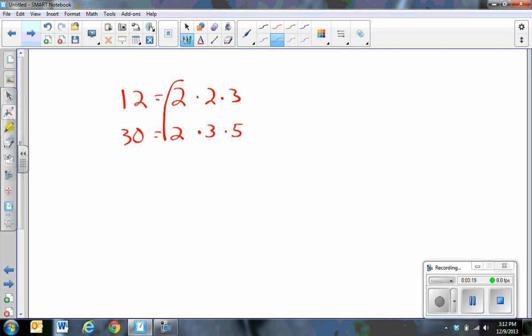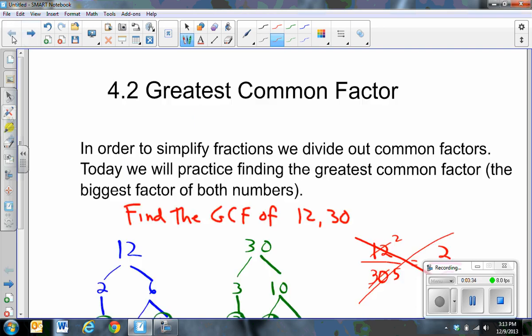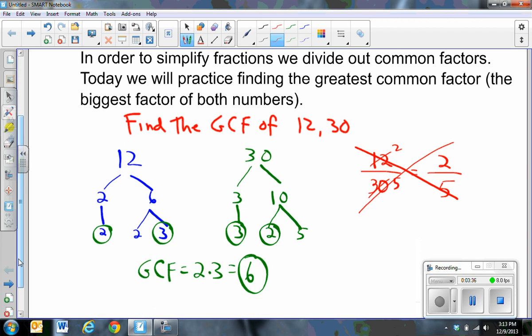And then we can circle these and circle these. So if you're sort of comfortable with that shortcut, then go ahead and use it. But if you're more comfortable making the factor tree, when you get down to the end of your factor tree, you just circle the common factors and then multiply them out, and that'll give you your answer.